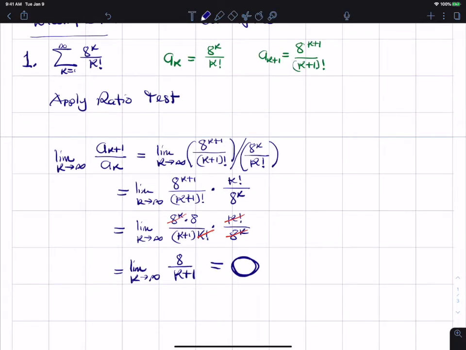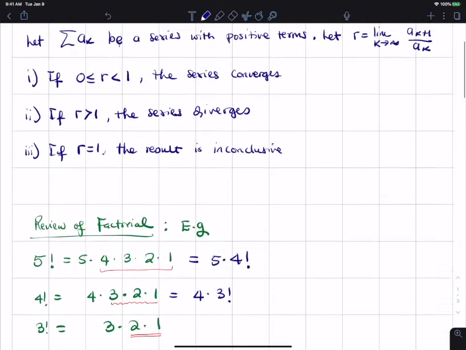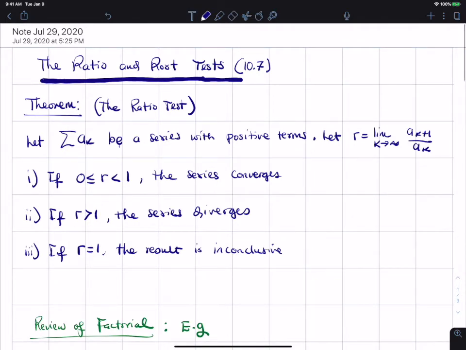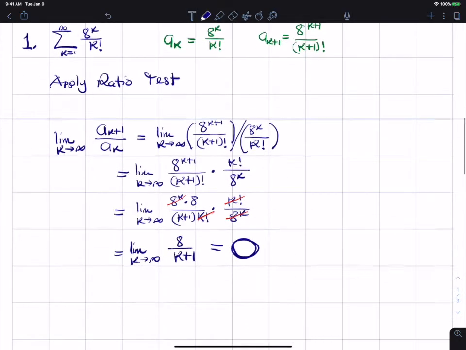So we apply the ratio test. To really apply the ratio test well, you have to understand what factorial is. So now let's go to our statement of the ratio test. When R is greater than or equal to 0 and less than 1, then we conclude that our series converges.